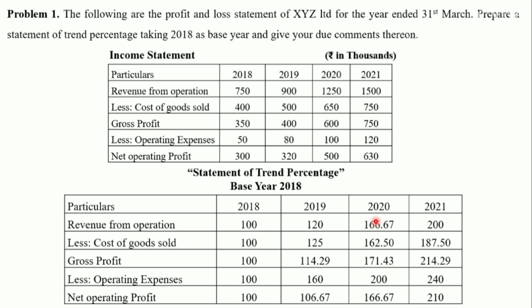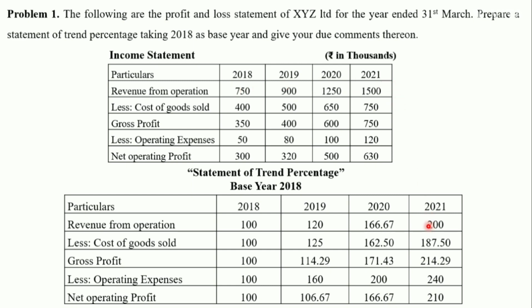Similarly, for 2020 revenue from operations is 1250 divided by base year figure 750 into 100, that will give 166.67%. Then 2021 revenue from operations is 1500 divided by 750 into 100, that will give 200.